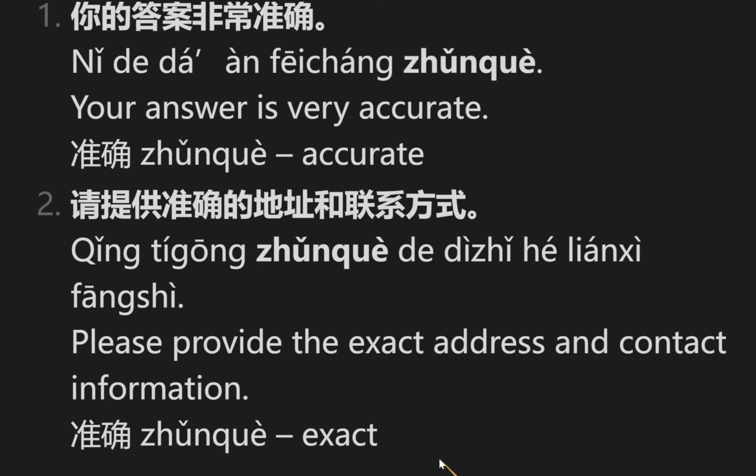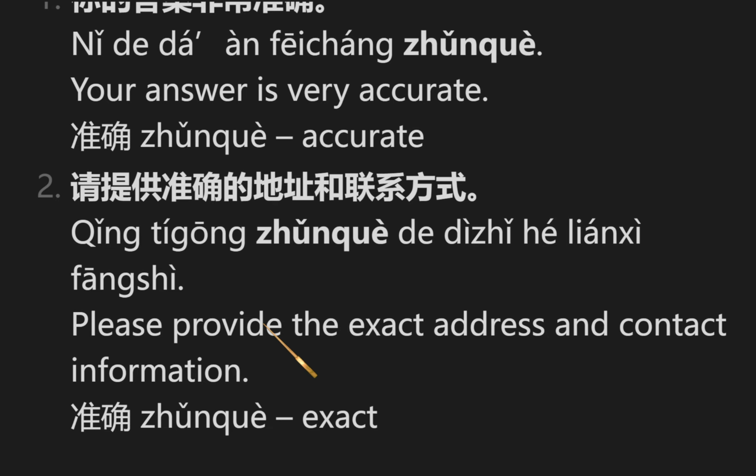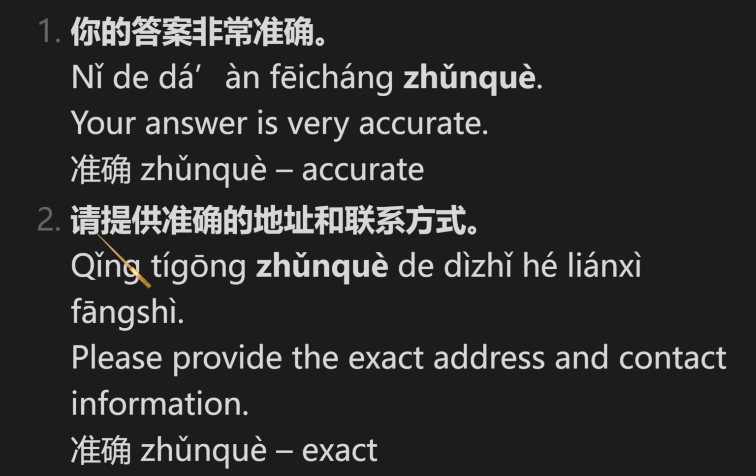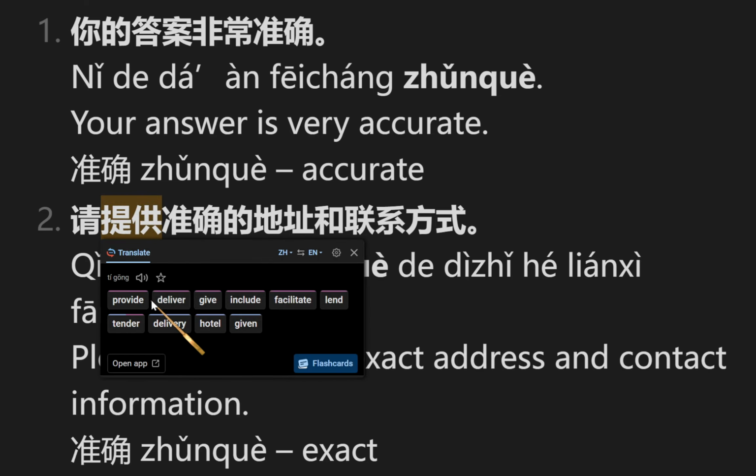Let's see another example. Please provide the exact address and contact information. 请提供准确的地址和联系方式。Here are a few new words. 请, please. 提供, to provide, to deliver, to give something.